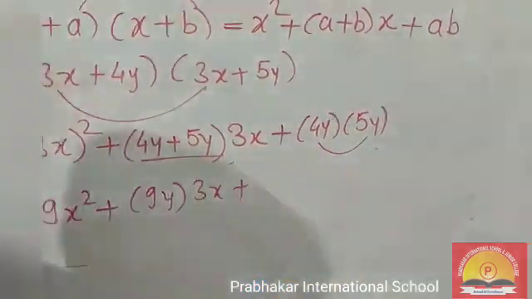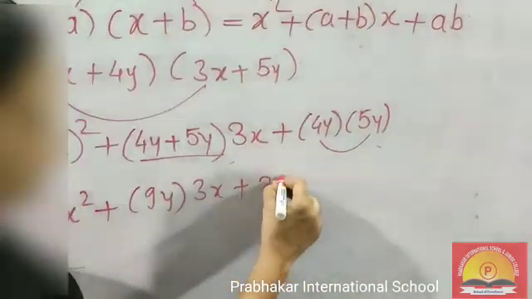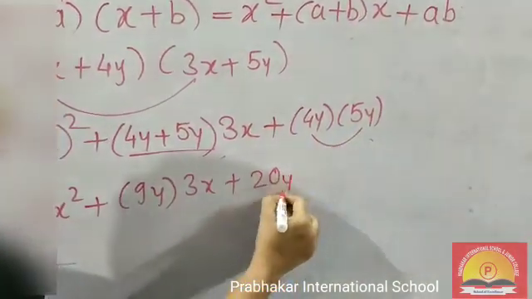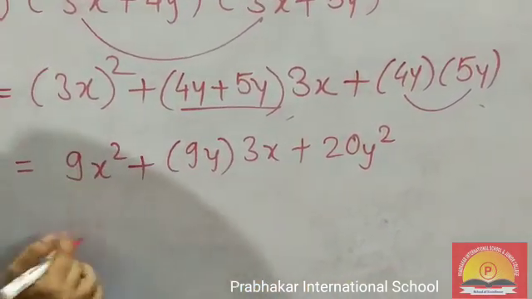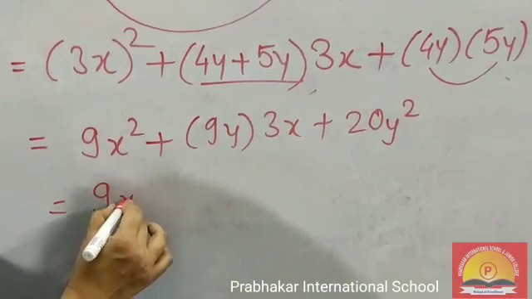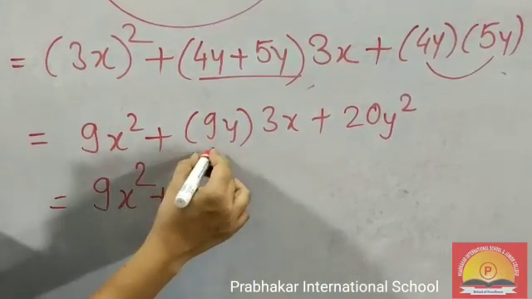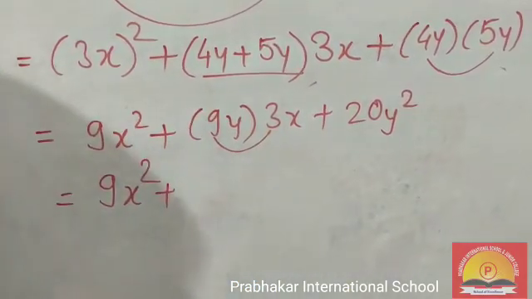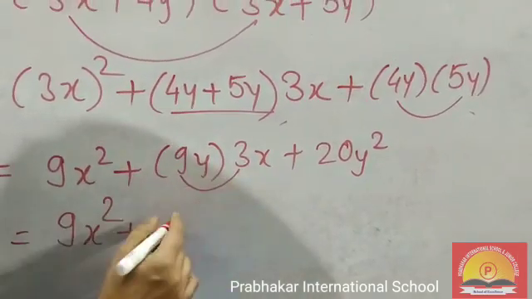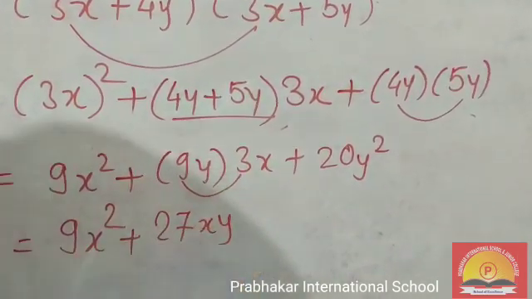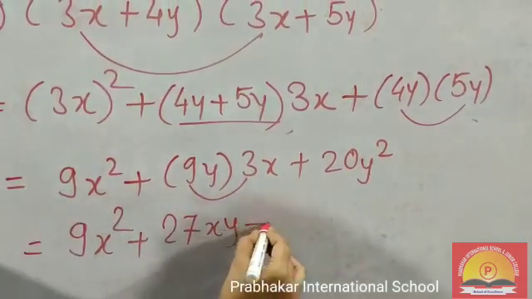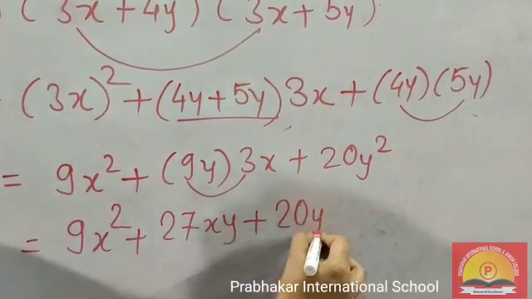Now multiply these two. 4 5s are 20 and y into y, y square. Okay. Next step, 9x square plus multiplication of this. 9 3s are 27. Y into x, we can write it as x into y, plus 20y square.